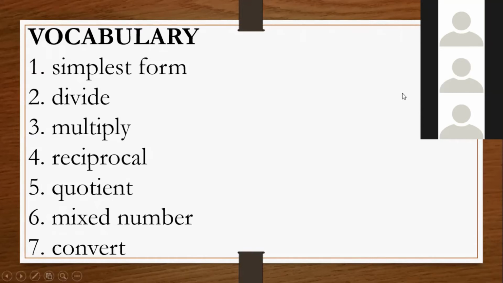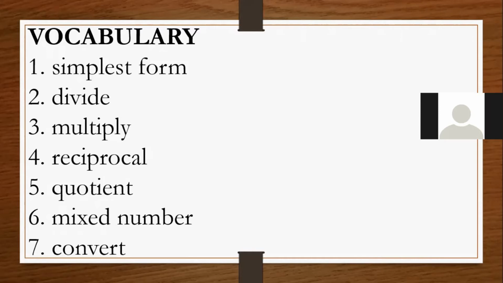Simplest form, divide, multiply, reciprocal, quotient, mixed number, convert. Very good. Thank you. Next, Jump. Simplest form, divide, multiply, reciprocal, quotient, mixed number, convert. Very good. Thank you.